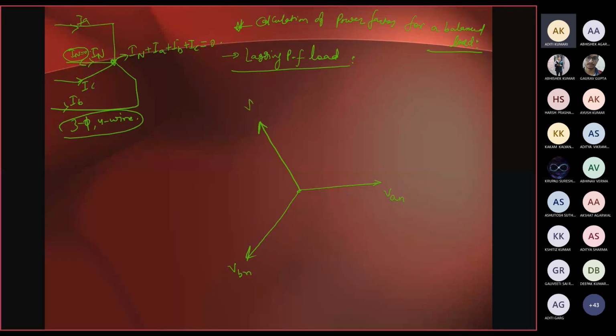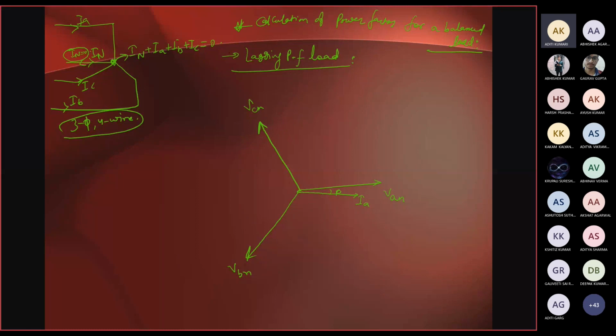So what I have told you, in case of lagging power factor load, the phase current will lag behind their respective phase voltage by some angle. तो यहाँ से जो respective phase current है, suppose IA होगा, तो ये सम एंगल फाई से सपोज लैग कर रहा है VAN से.